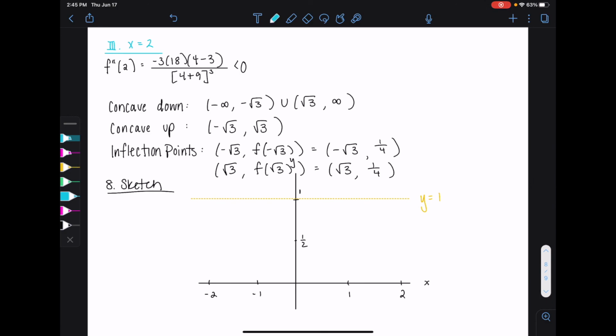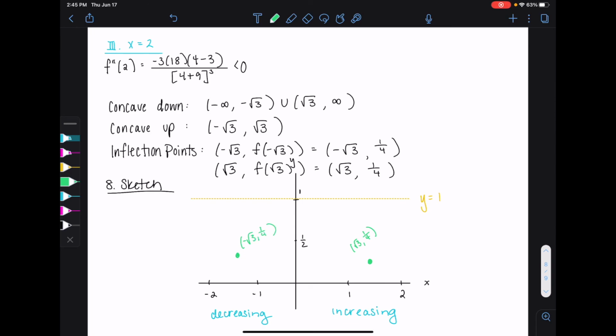Our graph should be decreasing over here, increasing over here. We have an inflection point at root 3, 1/4, which is roughly around here. And then negative root 3, positive 1/4, roughly around here.